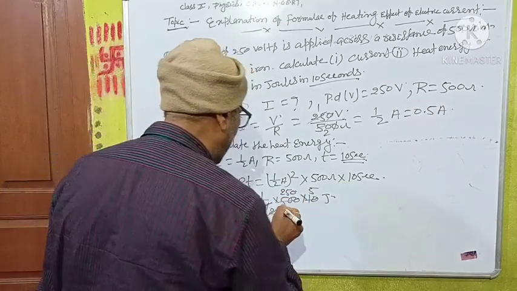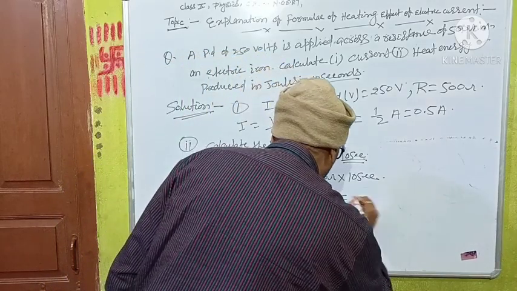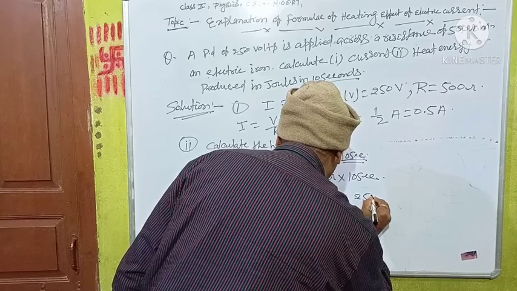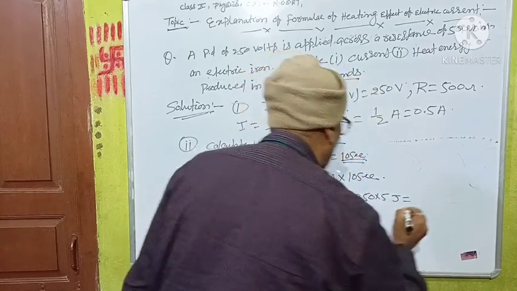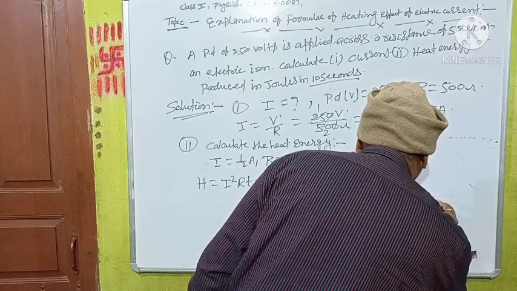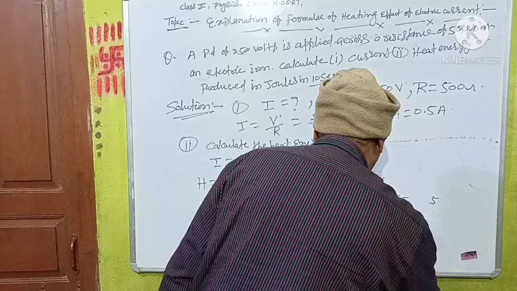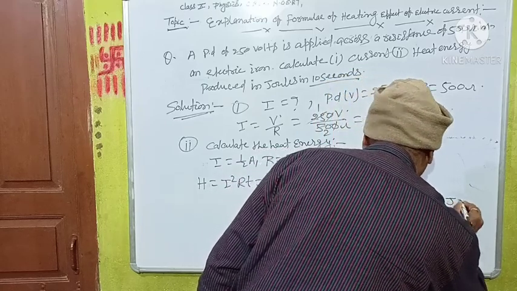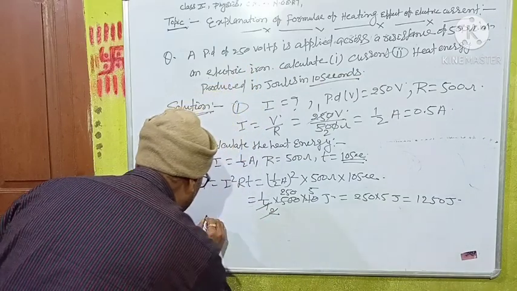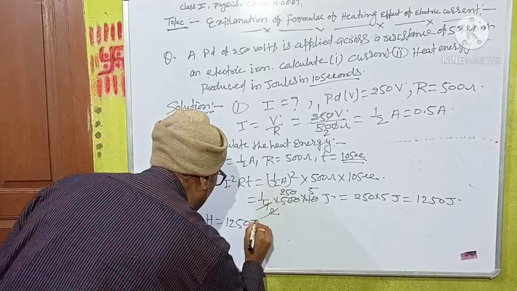Then we get 250 into 5 joule, which is equal to 1250 joules. So here heat energy is equal to 1250 joules.